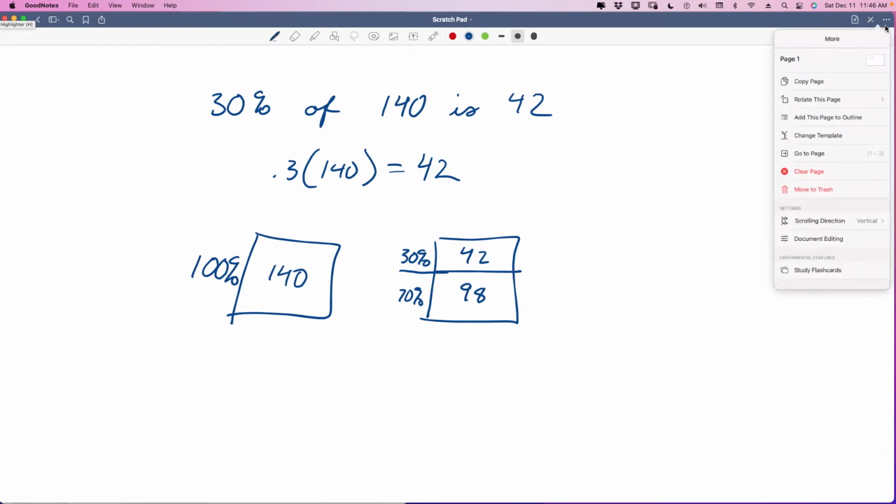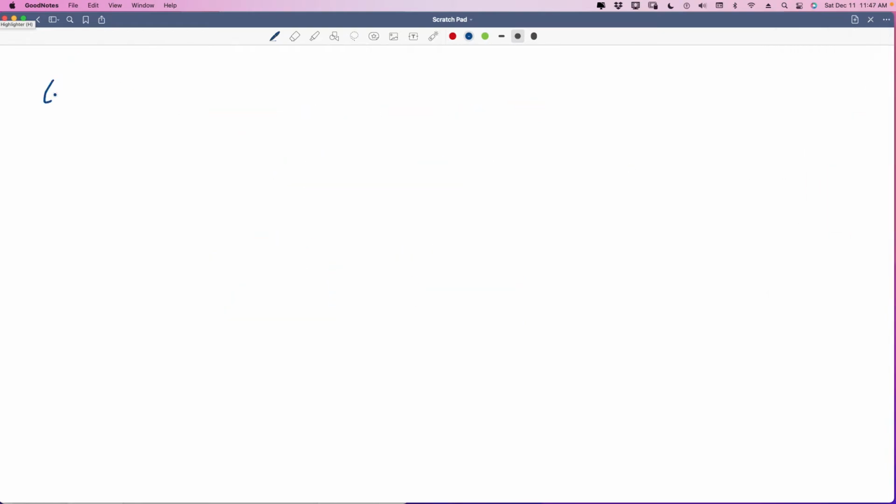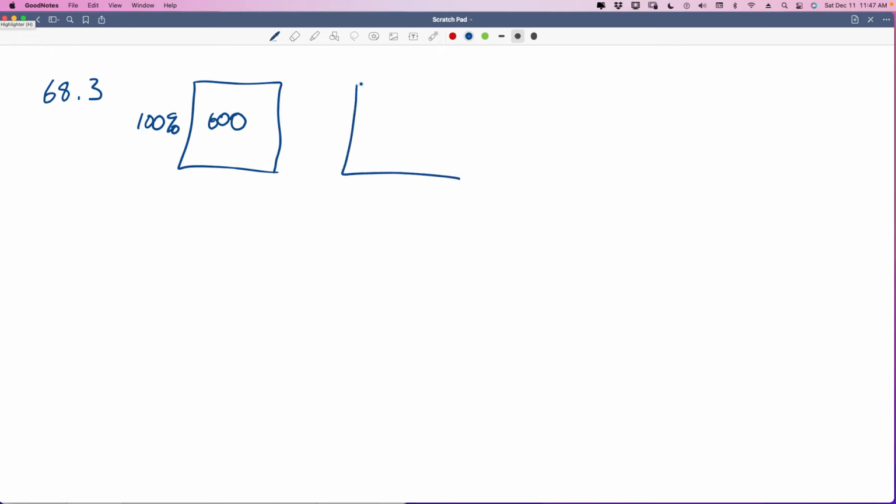Number 68.3. Let's do that problem. All right. We are going to complete this one. This one is just a diagram. So this is the problem. We have 100%, and it is 600. And we are asked to find out, we have 180 here, and we have 70% listed here.